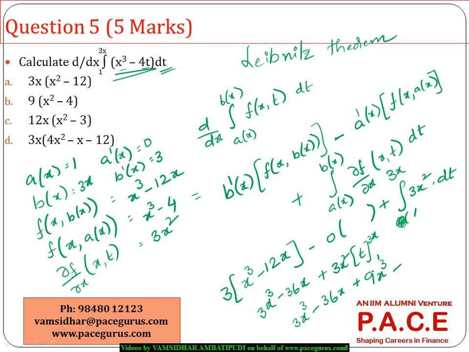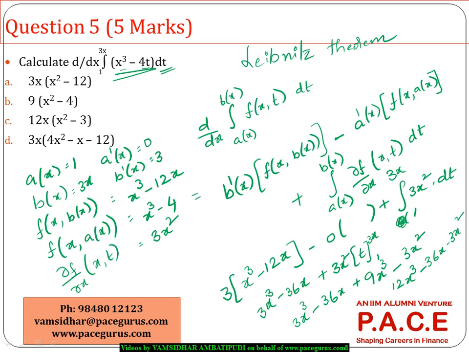minus, right, 3x squared into 3x, which is 9x cube, minus 3x squared. So overall it is coming out as 12x cube, right? 12x cube minus 36x minus 3x squared.